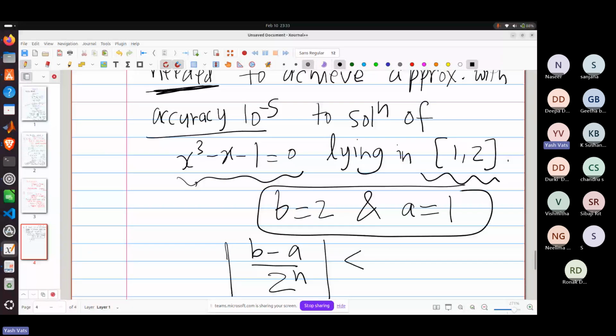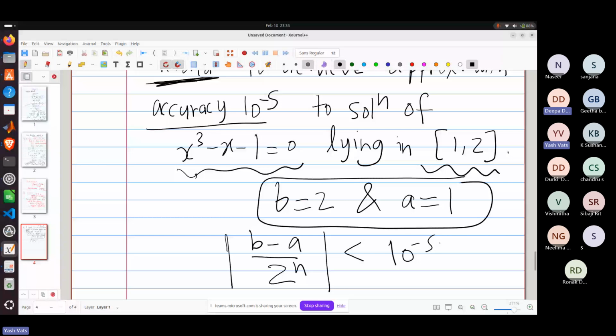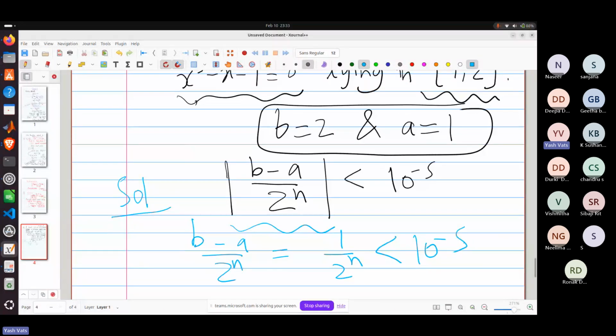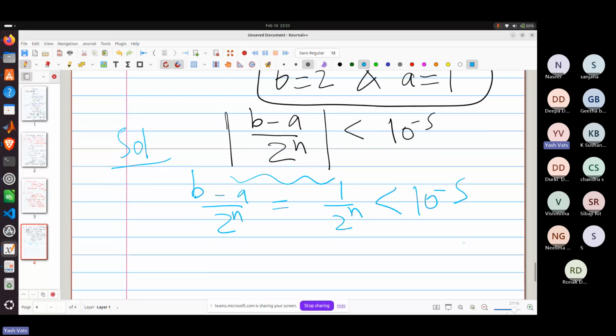I use the blue color, not the black one. And you know that here b is 2, so the absolute value is just b minus a divided by 2 to the power n, which is 1 by 2 to the power n, which is less than 10 to the power minus 5. Because it's all positive, you don't care about the absolute value.